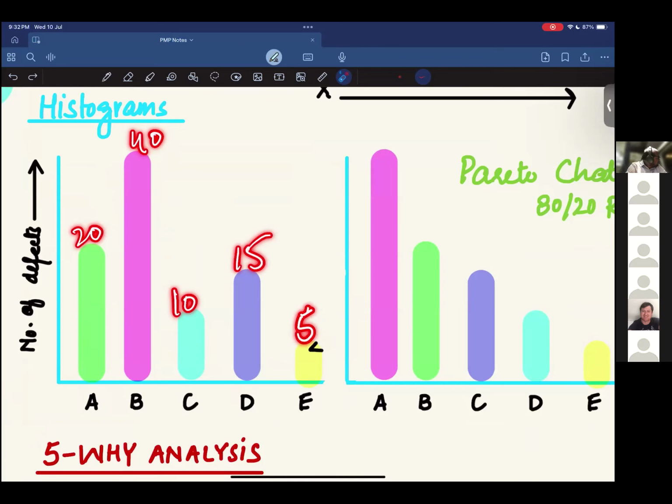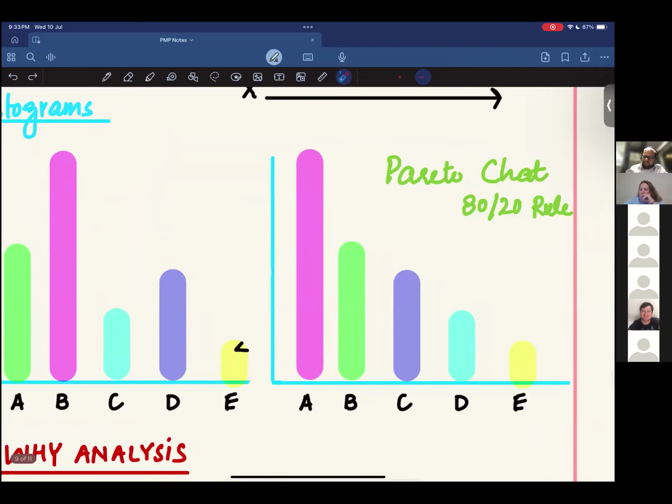So we can visually see the frequency of defects, or the number of times a process is non-compliant. Type A defect occurred 20 times, type B is the most recurrent defect, then type D, then type C, then type E. So we can see where we should focus to handle the defects. So the correct answer is histogram.